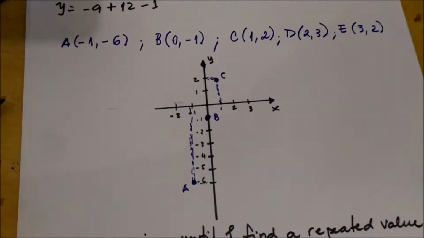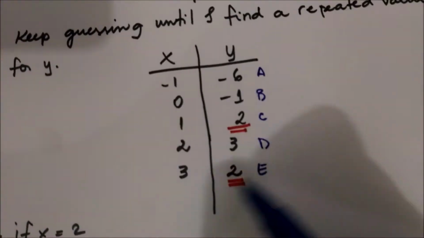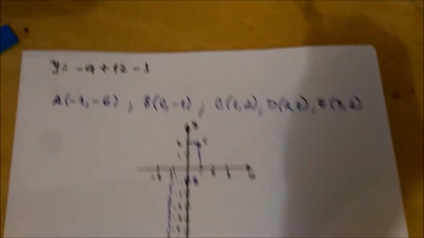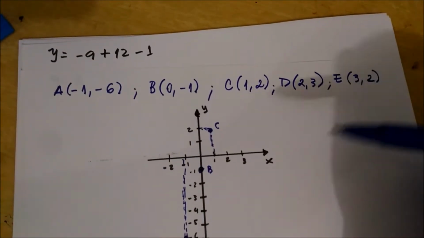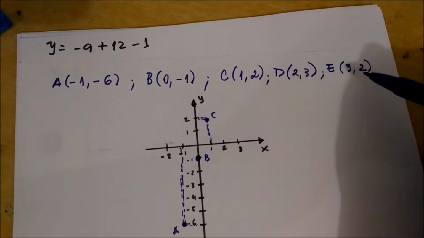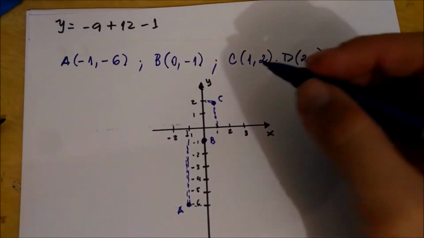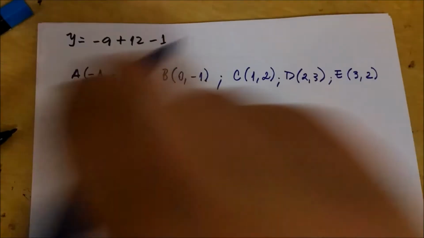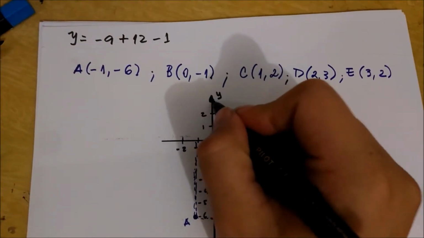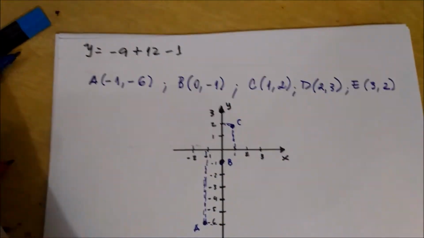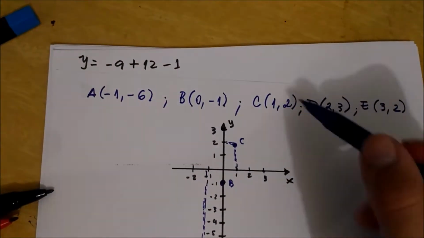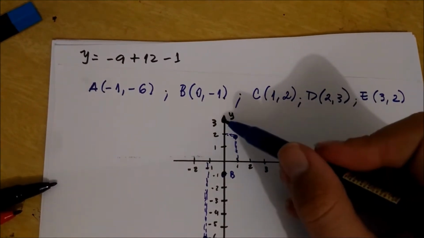I just rewrote all the points in this table as ordered pairs. And we're going to plot D and E, which are the new ones we just found out. So I need 3 in y. So this point's 2 in x, 3 in y.